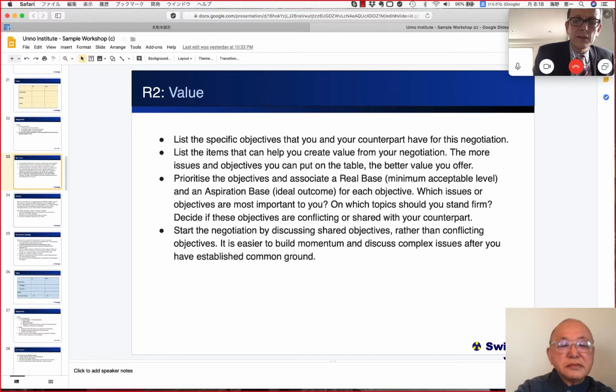That is, when you are looking for things that are not of high value to you and that are probably of high value to the other side, you're going to put as many things as possible on the table, because obviously if there are things that are not important to you and you think are important to the other side, the more you have, the more value you can create.